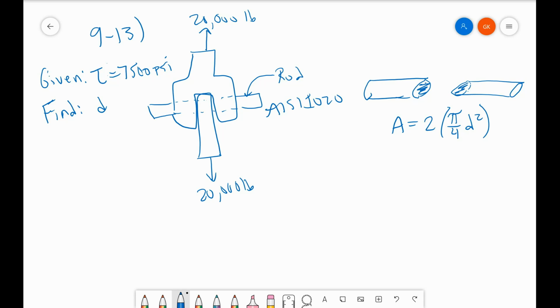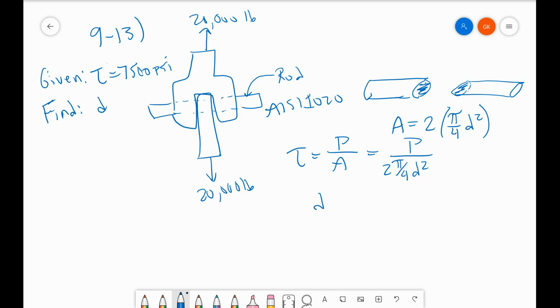Now let's write out our shear stress equation. Shear stress is equal to our load, which we do know, over the area. I'm going to plug in my equation. It's going to be equal to the load over 2 times pi over 4 d squared. Then I need to solve for the diameter. So I bring d squared over to one side, and I bring the shear stress over.